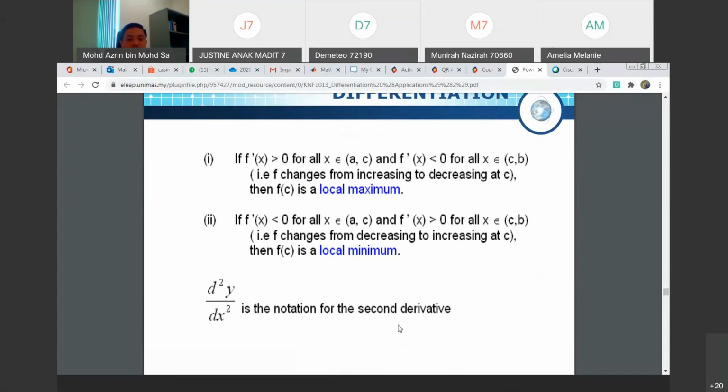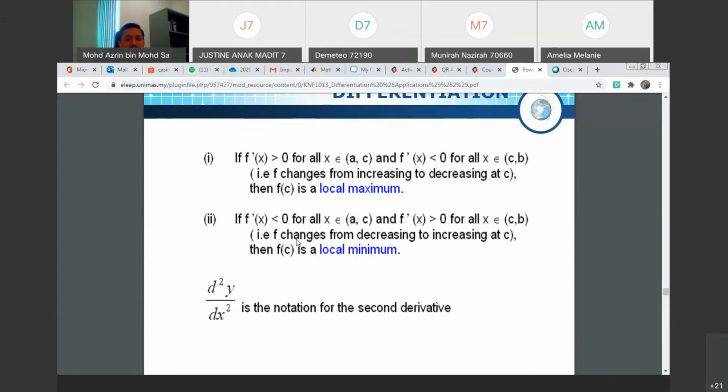Okay, where you can also find the local maximum and local minimum where the differentiation is more than 0 for all x subset of (a, c), and differentiation of function x less than 0 for all x subset of (c, b), where actually it is increasing to decreasing at c, then f(c) is a local maximum.